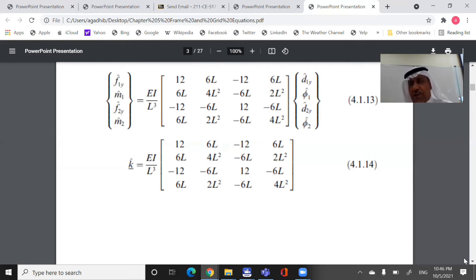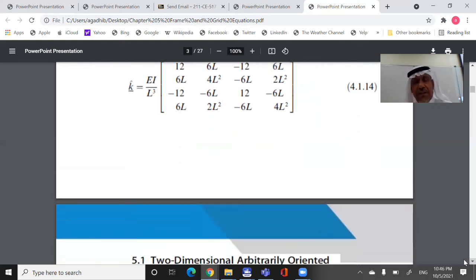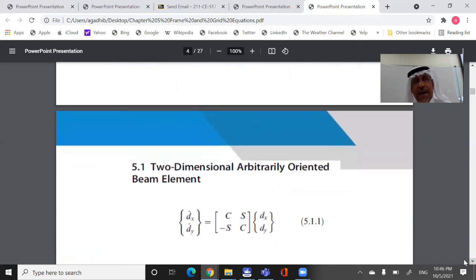Okay. Now to make the long story short, do you remember we have an equation in the truss? How do you go from local to global? Do you remember this? T transpose K T equals K. You need the transformation.